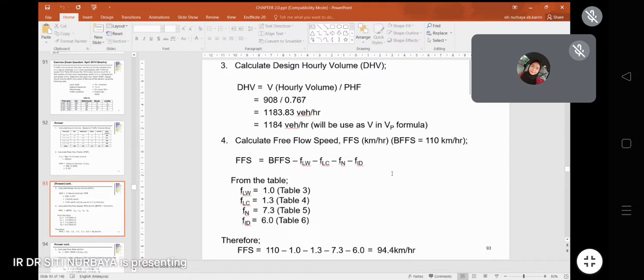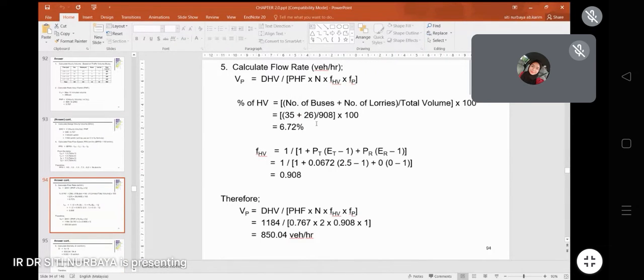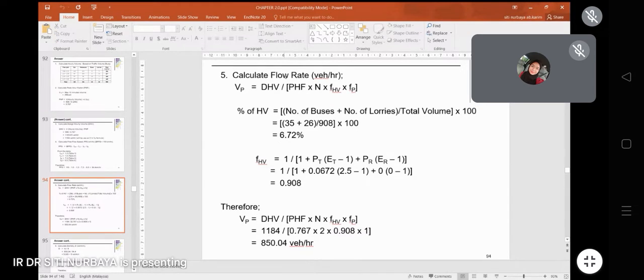Okay, have you copied this? Number 5, calculate the flow rate in vehicles per hour.